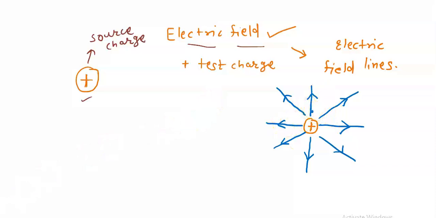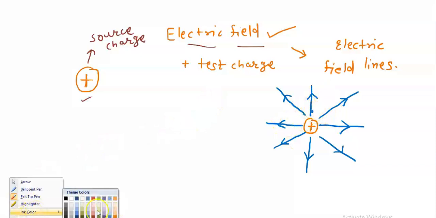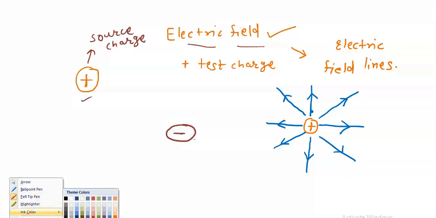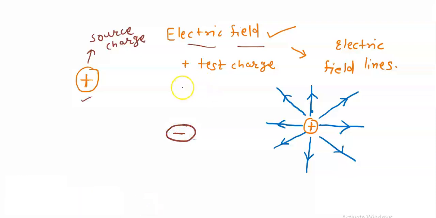Now suppose instead of a positive charge, there had been a negative charge. Let this be a negative charge. What would have happened with a negative source charge? You can see that the electric field lines would have come towards this negative charge.